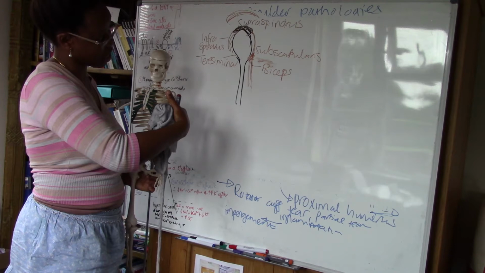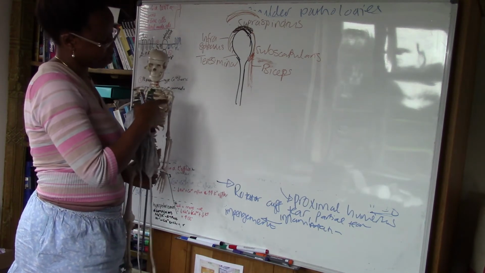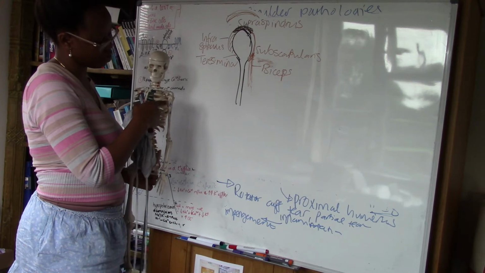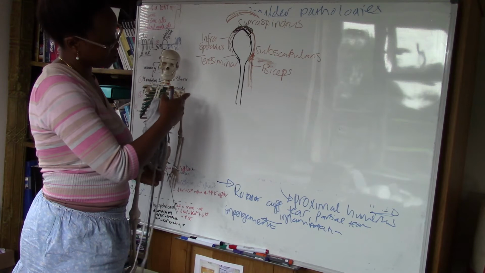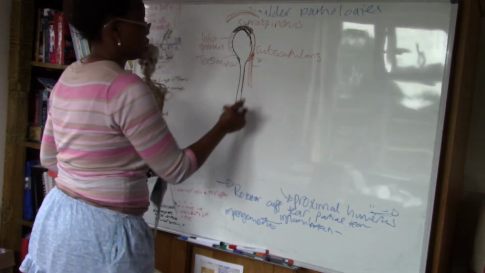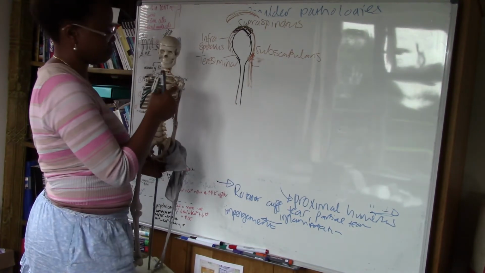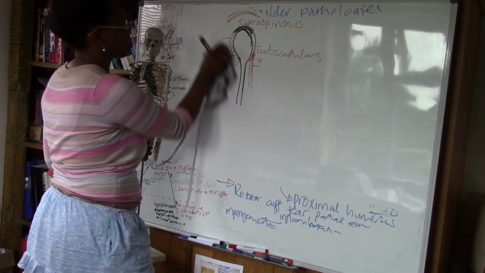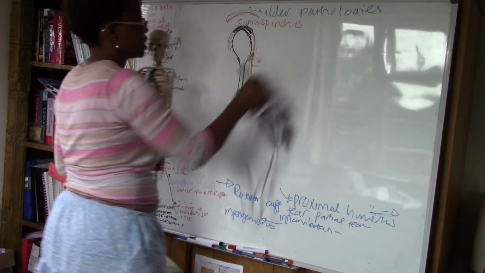So what have I said? Yeah, teres minor and infraspinatus, and then the tendon is actually there. So this would be wrong, right? Because if I have subscapularis this way, I think it makes much more sense.